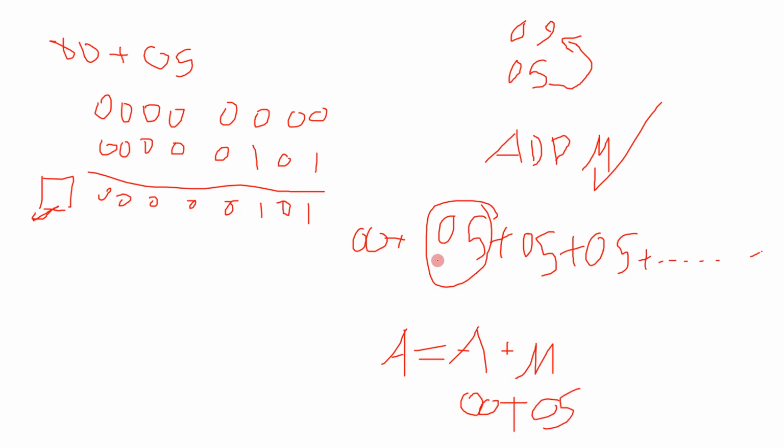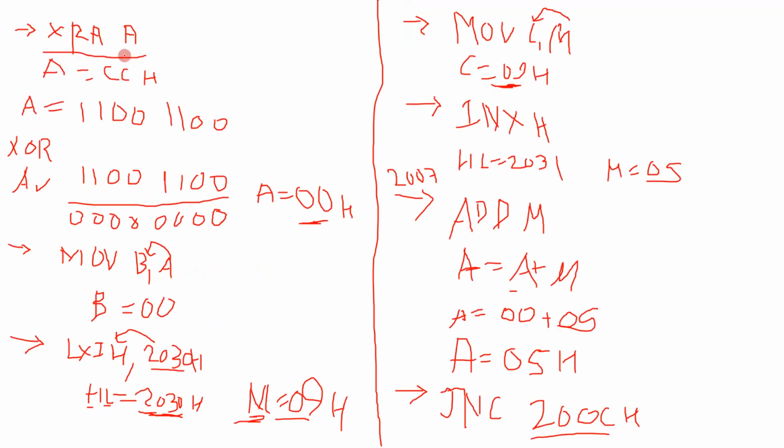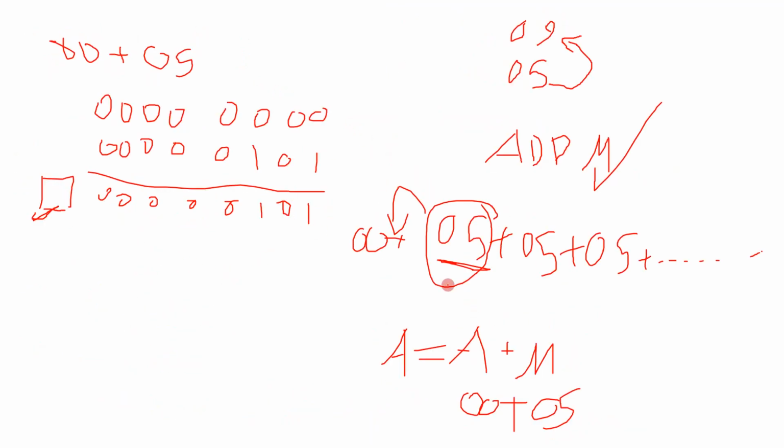So to add the first 5, it should first be added with 00. That's why we have made the contents of the accumulator 0. This is the reason we have used the XRA instruction here. Got it? I hope this is clear to you now.